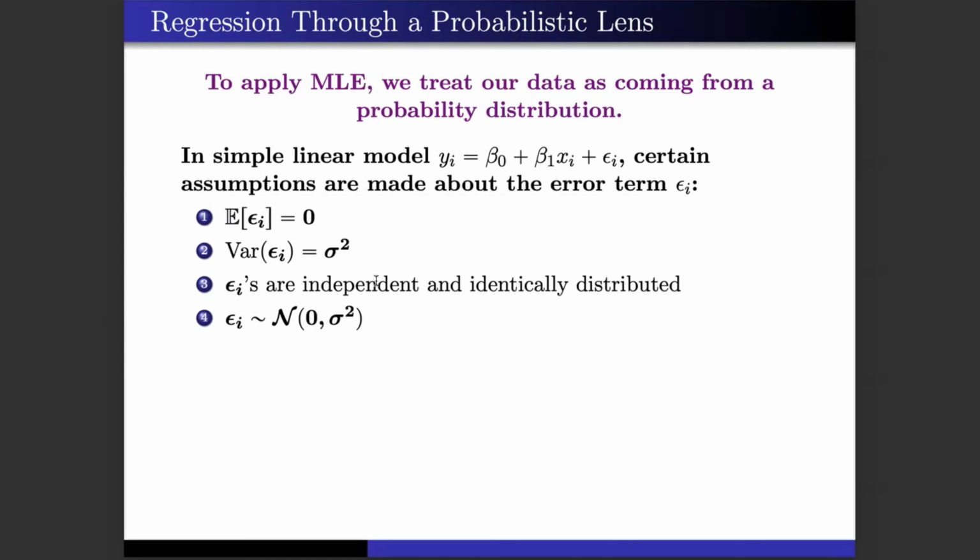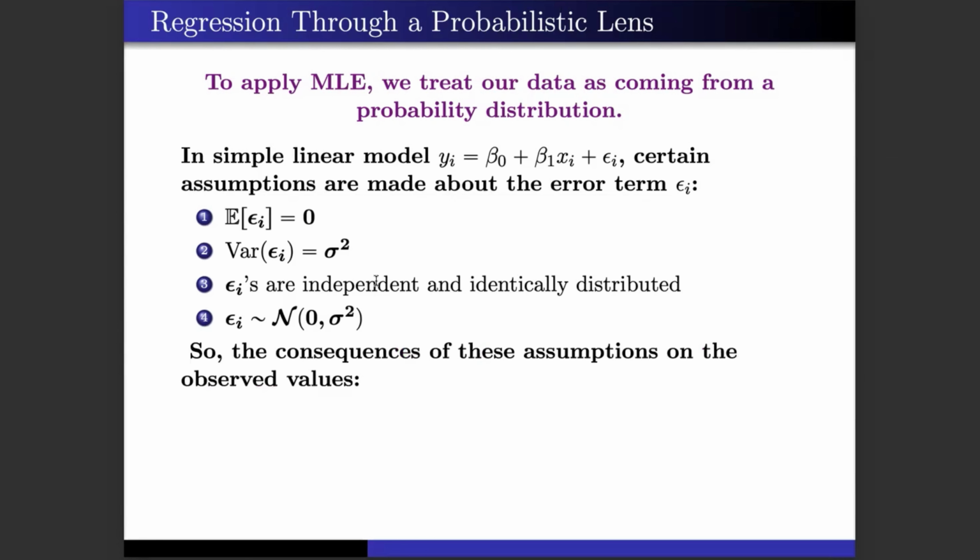So we made these assumptions on the error term: that the expectation of the error term we have from each observation is 0, the variance of epsilon i is sigma square, all the epsilon i's are independent and identically distributed, and each epsilon i has a normal distribution. We have also seen the consequences of these assumptions on the dependent variable. The consequence of the first assumption is that the expectation of yi equals beta naught plus beta 1 xi.